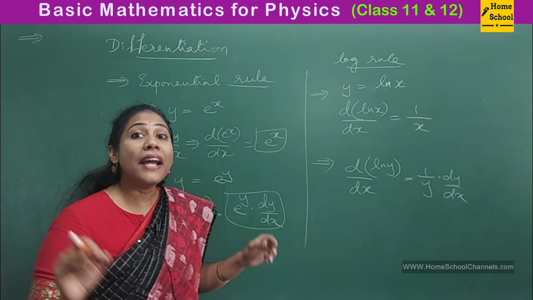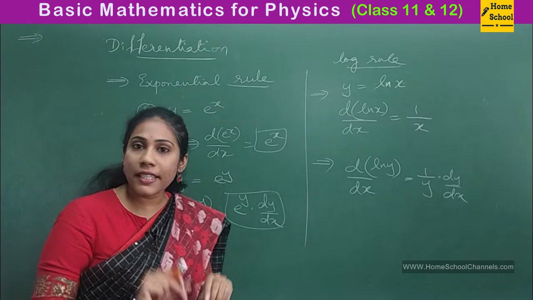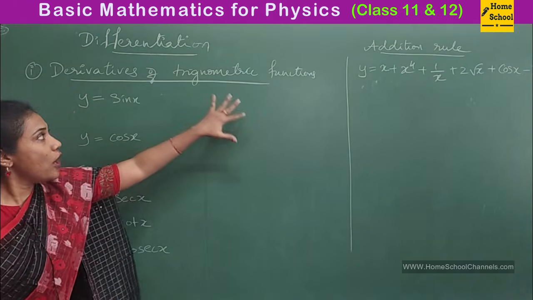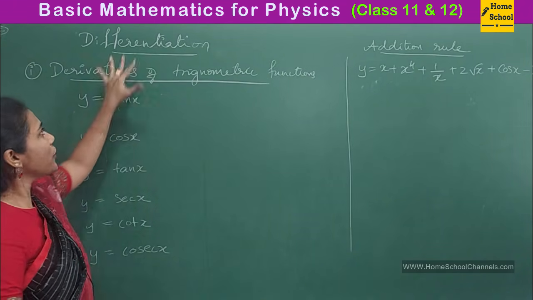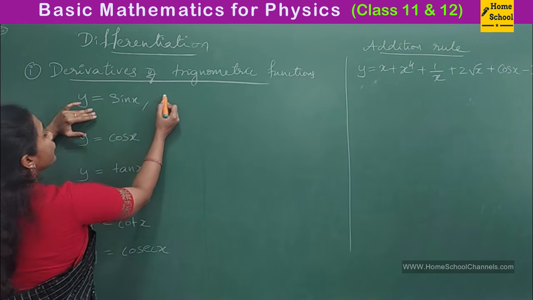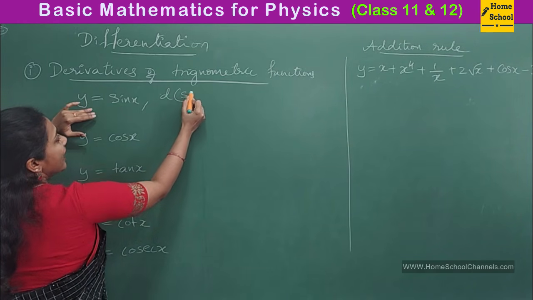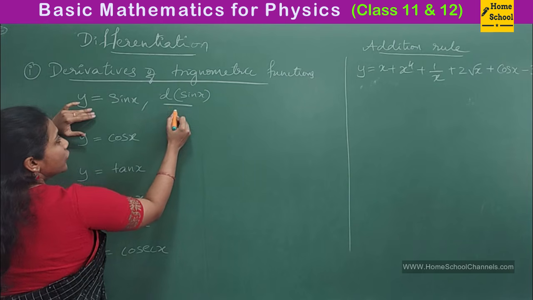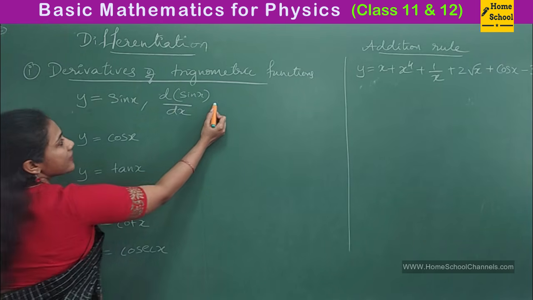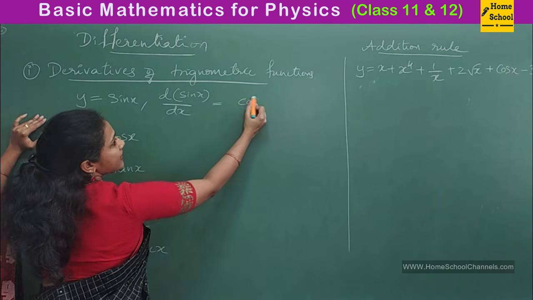Now let us understand the differentiation of trigonometric functions. Derivatives and differentiation are one and the same. If you differentiate sine x with respect to x, d of sine x by dx is always equal to cos x.